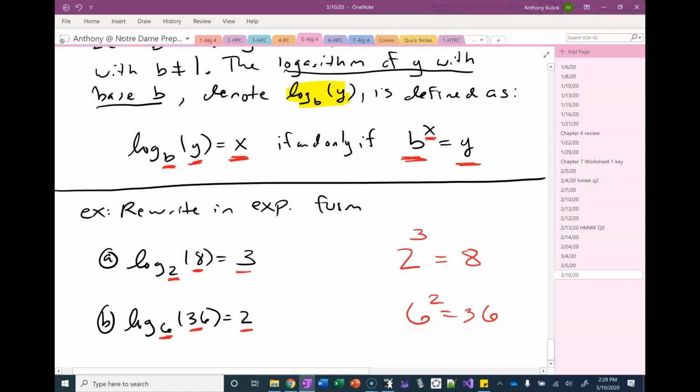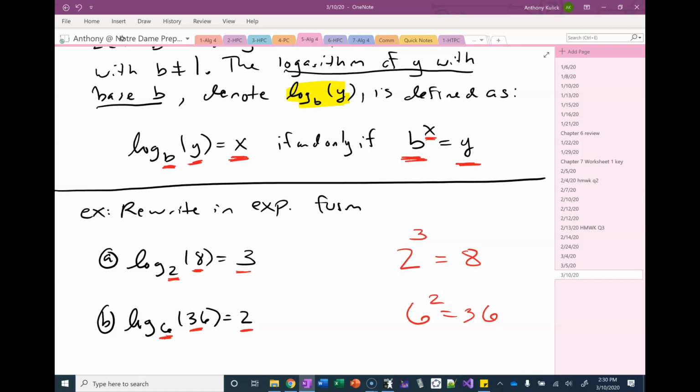So what is this logarithm really giving me? It's giving me the exponent in an exponential equation. Remember all of these problems that we had to solve by graphing in the previous sections? What we're going to be able to do here in a day or so is solve these now algebraically by using a logarithm.